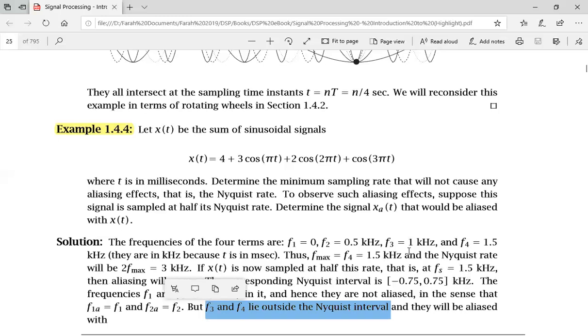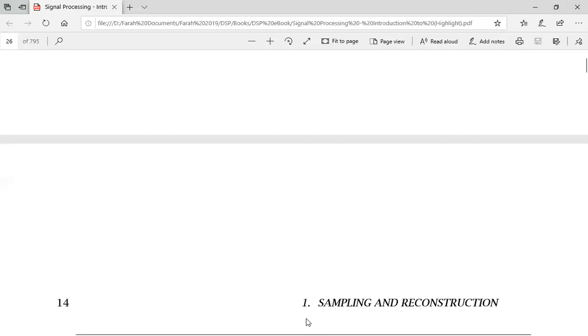It is known that it would be aliased, but which frequency it would change into needs to be determined. Similarly for f4 equal to 1.5 kilohertz, the minimum sampling frequency should be at least 3 kilohertz, but we are sampling at 1.5. So it would also be aliased. It means f3 and f4 lie outside and they will be aliased with your original signal.